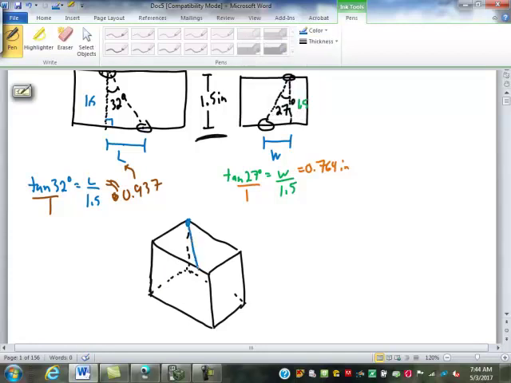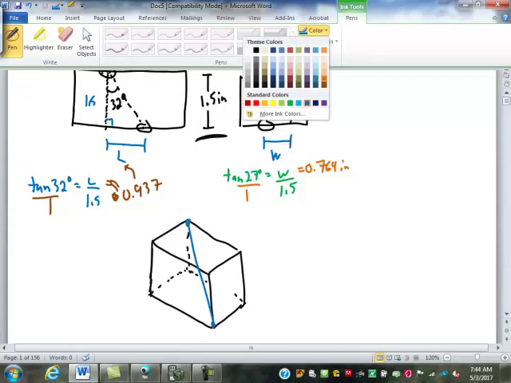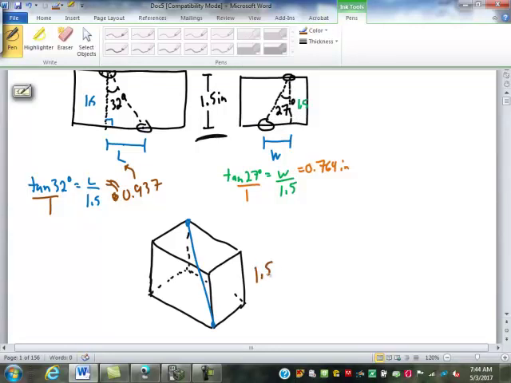So here's our hole going like that. This dimension here is the 1.5. This is the 0.937. And this is the 0.764.